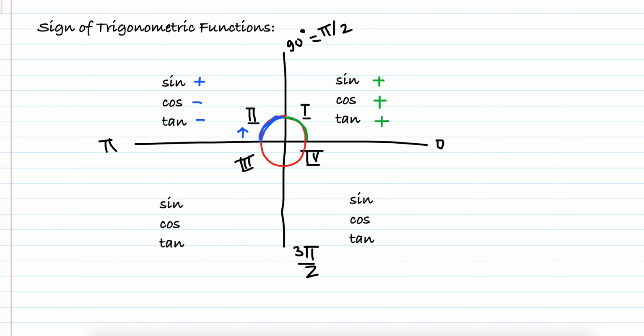Here, for this part of the circle, both the x and y coordinates will be negative if we take any point on this part of the circle. So sine will be negative, cos will be negative, but tan is the ratio of negative and negative, so it will become positive. And similarly cot will be positive. And now we are left with this red part of the circle.